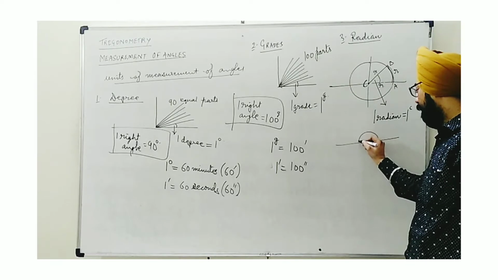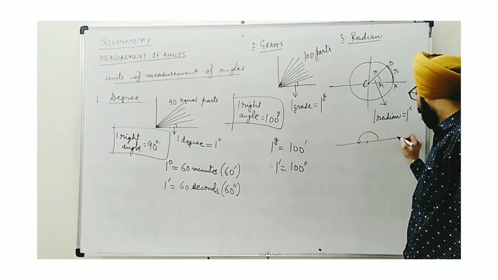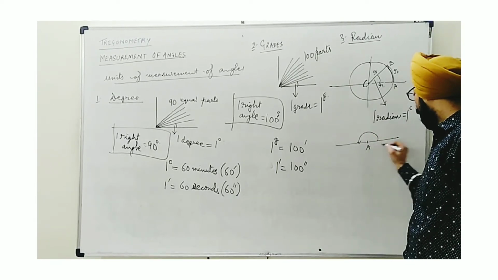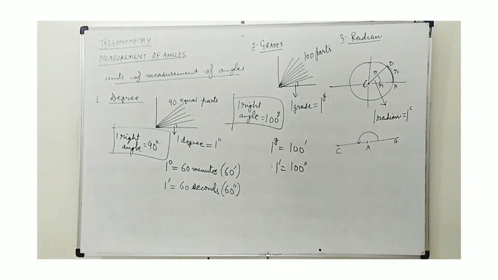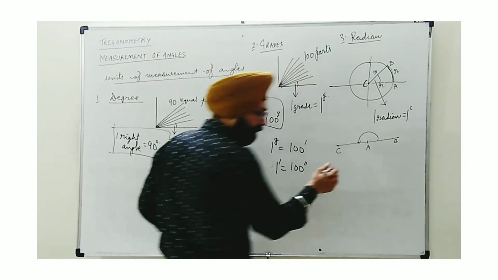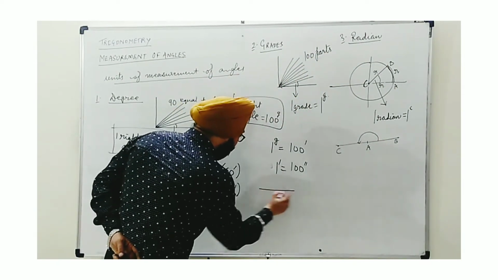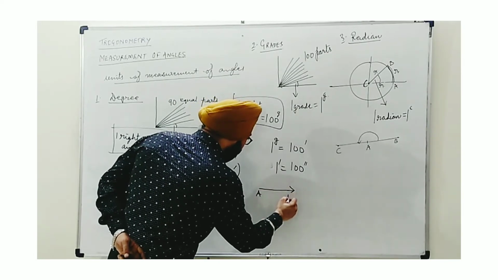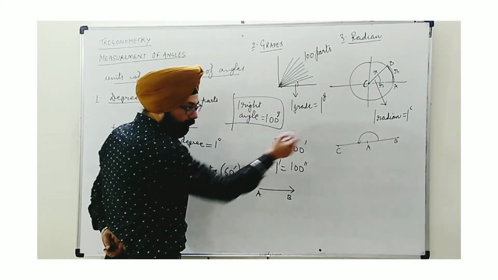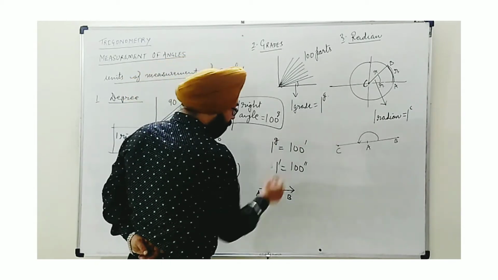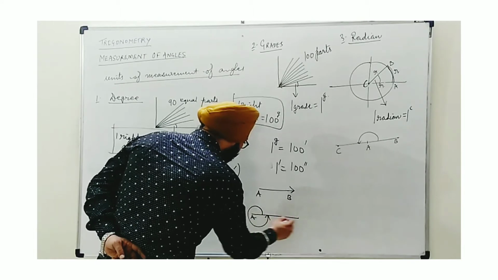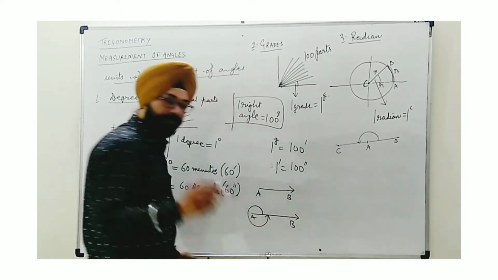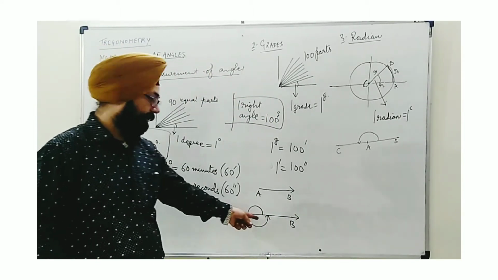This angle is of 180 degrees. Let me add something additional. Recently I said this angle is 0 degrees. Here also is a straight line. I am saying this is 180 degrees, and one more is there, known as 360 degrees. Everything is shown by this direction.